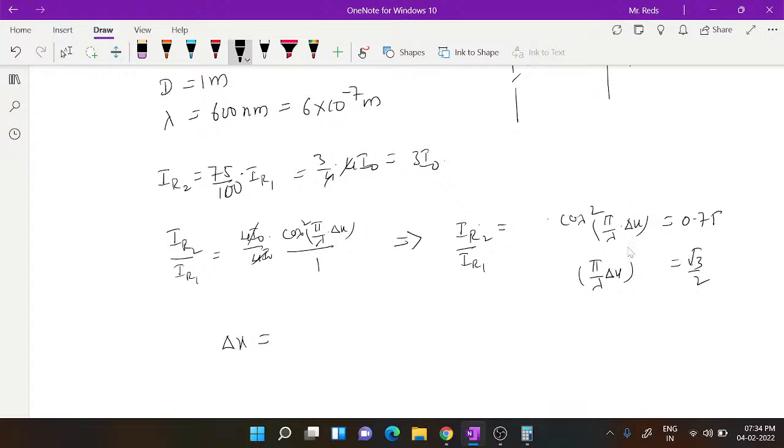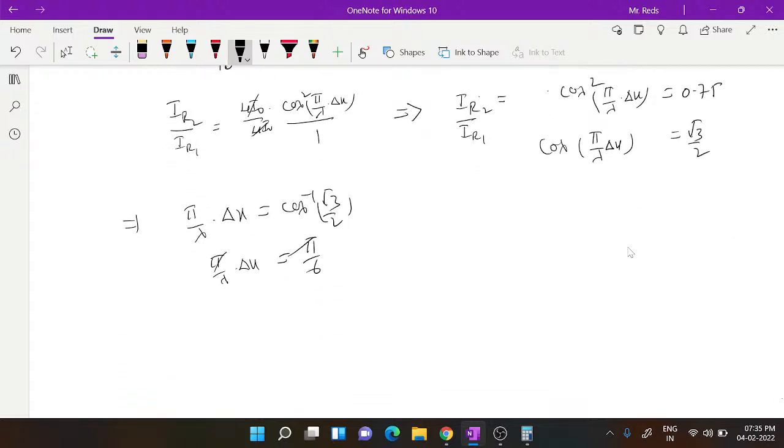So pi by lambda into delta x is equal to cos inverse of root 3 by 2, which is 30 degrees, that is pi by 6. So pi by lambda into delta x is equal to pi by 6. Pi cancels, so delta x is equal to lambda by 6. Let us say this is 1.